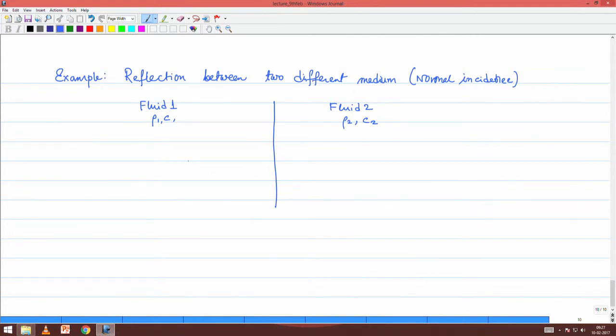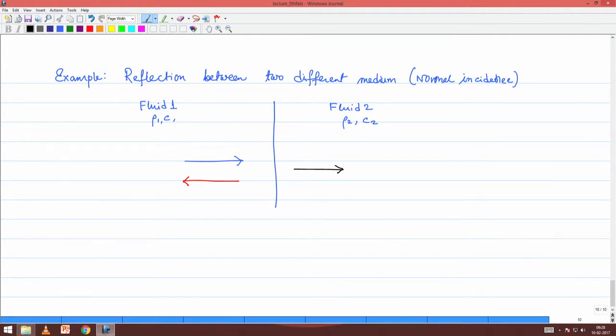So, a normally incident plane wave is incident from the fluid 1 side, and the question is how much will be the reflected wave and how much would be the transmitted wave. Something will get transmitted to fluid 2 and something will get reflected back to fluid 1, right.